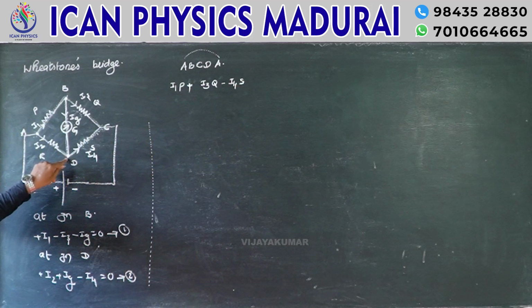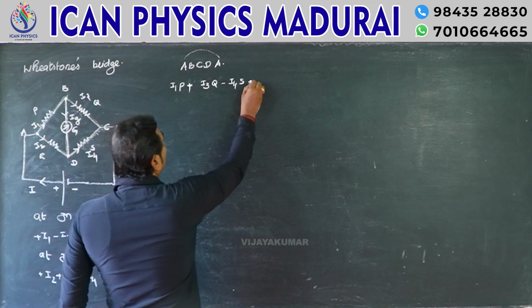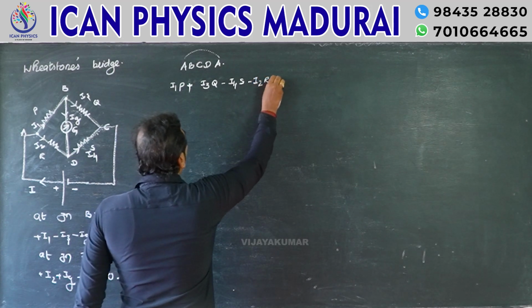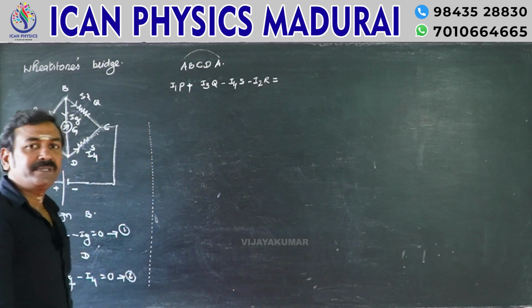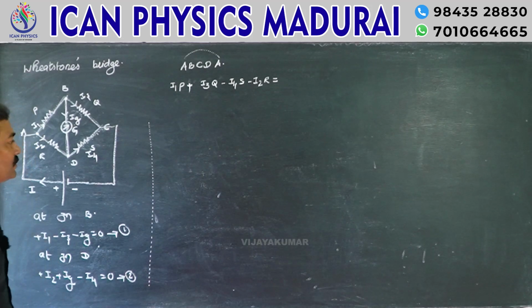Now D to A, but the current is flowing from A to D in the opposite direction, so minus I2R, equal to the algebraic sum of EMF in that closed circuit.